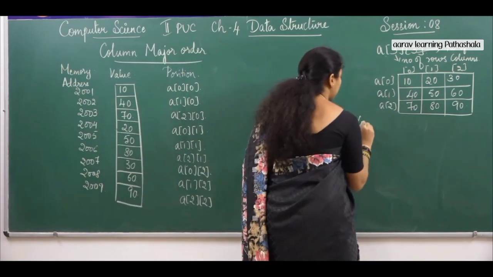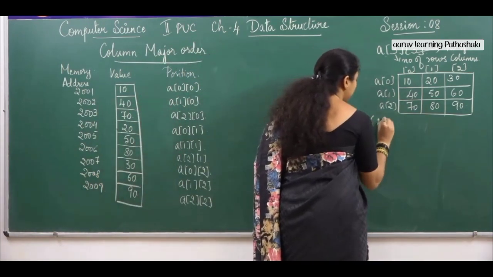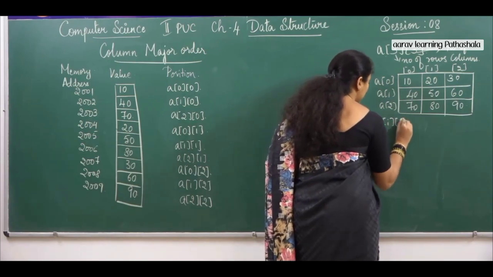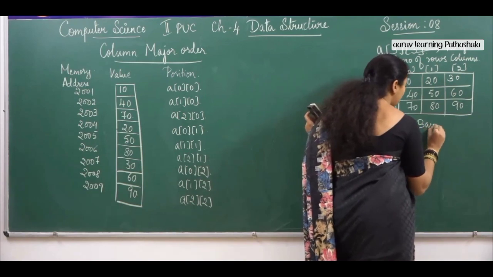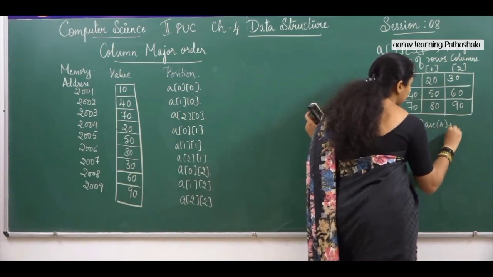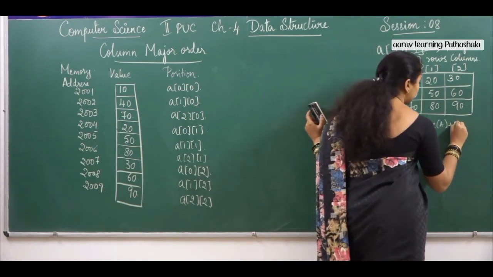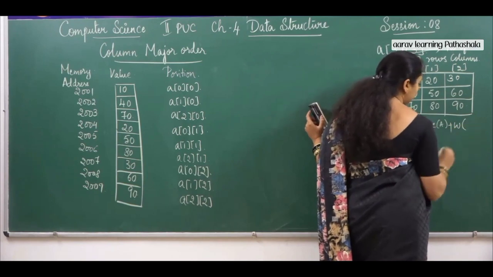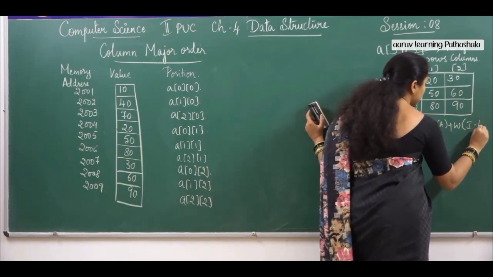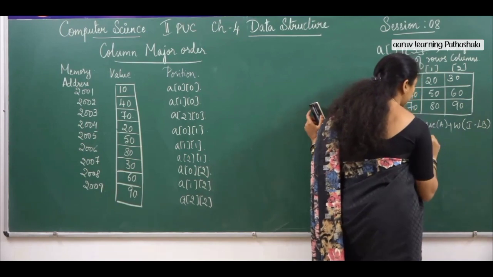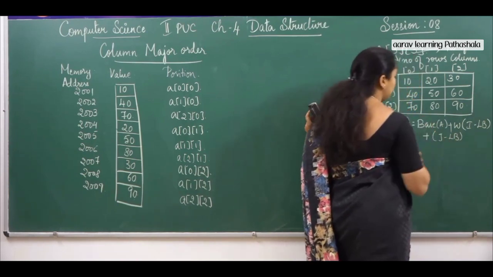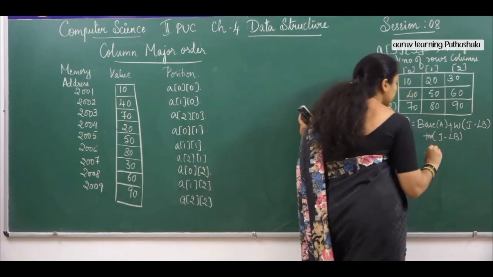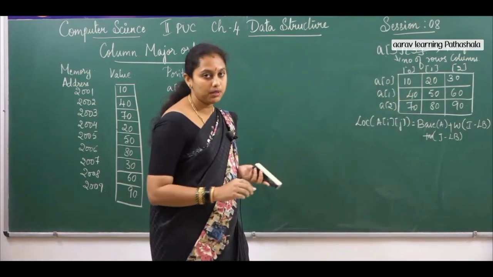That is, location of A of I, J is equal to base of A plus W into (I minus LB) plus M into (J minus LB).